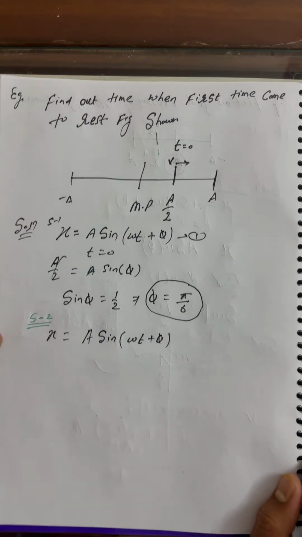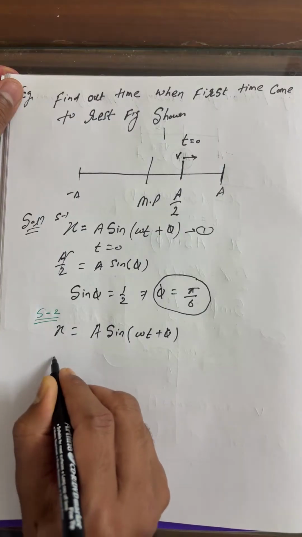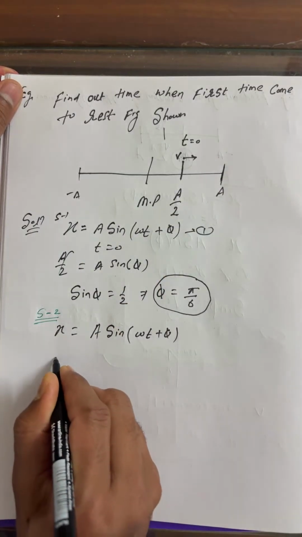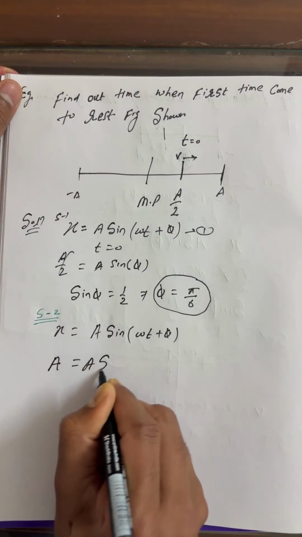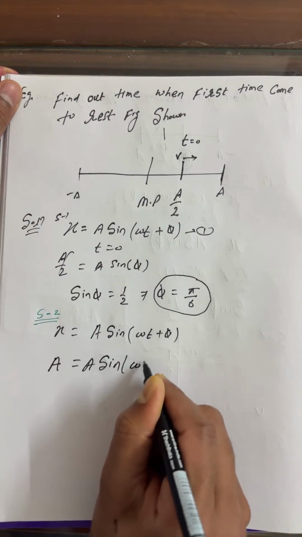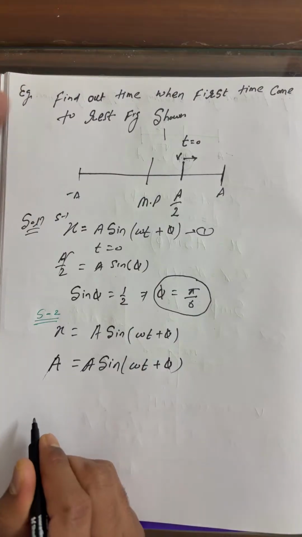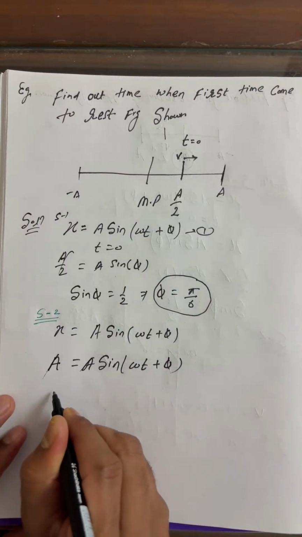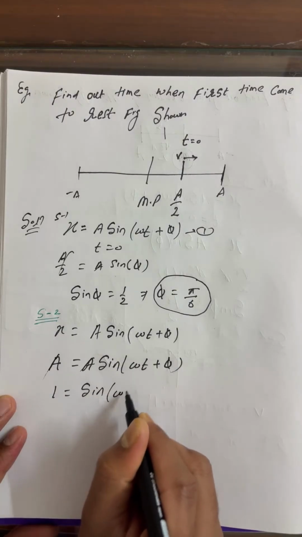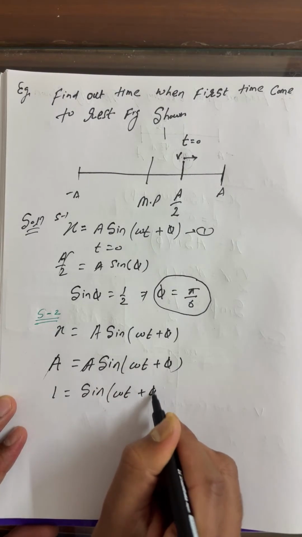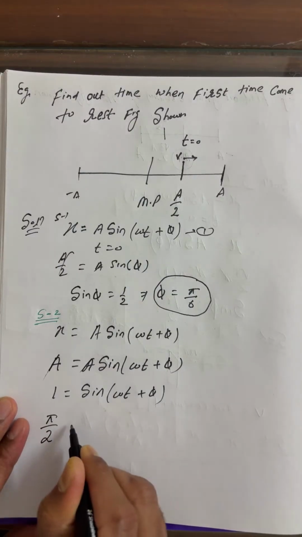Finally, at the condition of rest, x equals a, so a equals a sin(omega t plus phi). So 1 equals sin(omega t plus phi), so this is pi by 2.